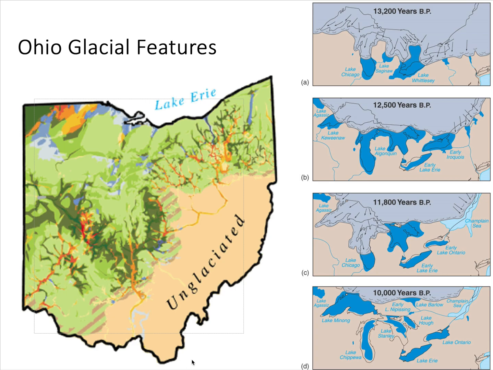So what we had was the Laurentide Glacier was formed in Canada, and with that, the erosion zone was everything that was north of the Great Lakes. So over tens of thousands of years, we're scouring, plucking, pulling, pushing material out of Canada, and we're depositing it in Ohio.